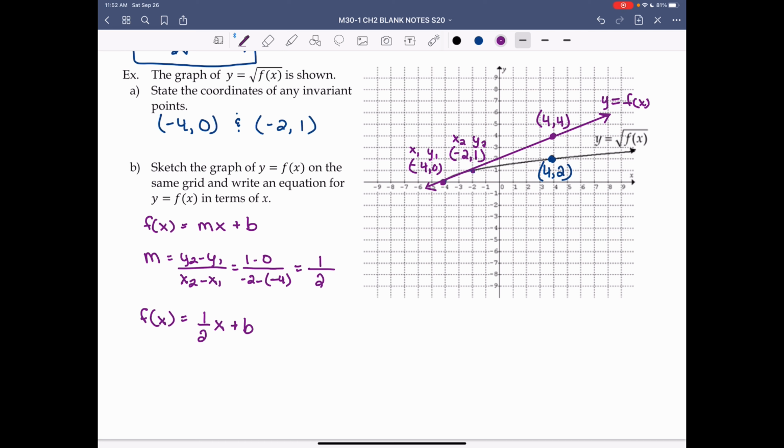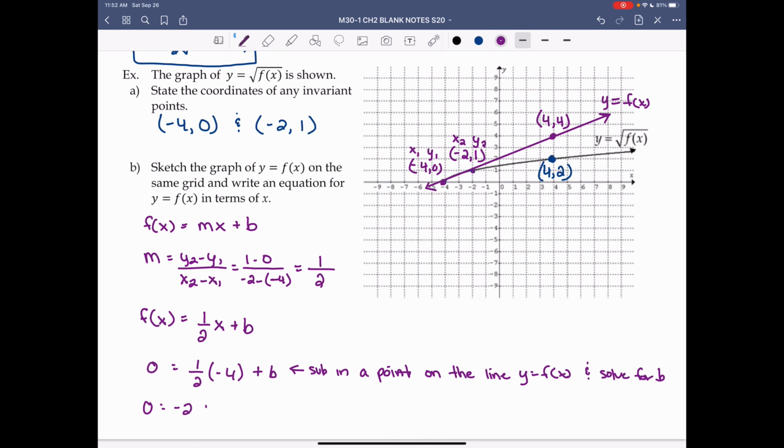It can be any point, so I'm going to pick negative 4, 0, so y is 0. We sub in a point on the line, y equals f of x, and solve for b. 0 equals 1/2 times negative 4, so that just means negative 4 divided by 2 is negative 2, plus b.